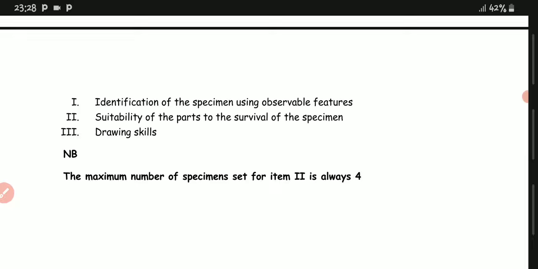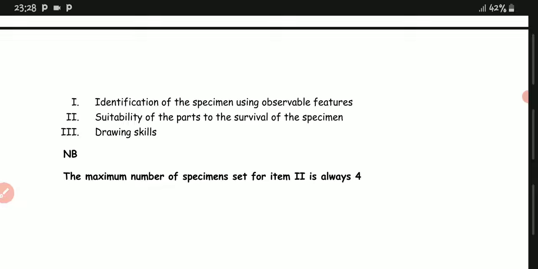Then you have M. M stands for magnification. And this magnification comes immediately on the right hand, immediately after the drawing. Then you have A for accuracy and N for neatness. That's why I told you, when you are drawing the label lines, please draw them using a ruler. And they must not cross each other.